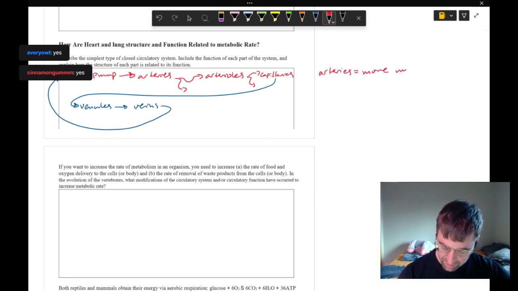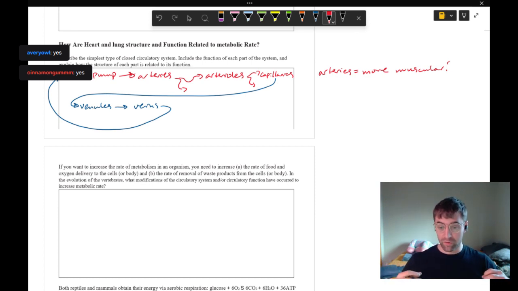I mentioned it earlier, but it's worth making special note of it here again. Arteries are more muscular. They are resisting or responding to greater pressure from that output from the heart, especially the closer it gets to the heart, right?